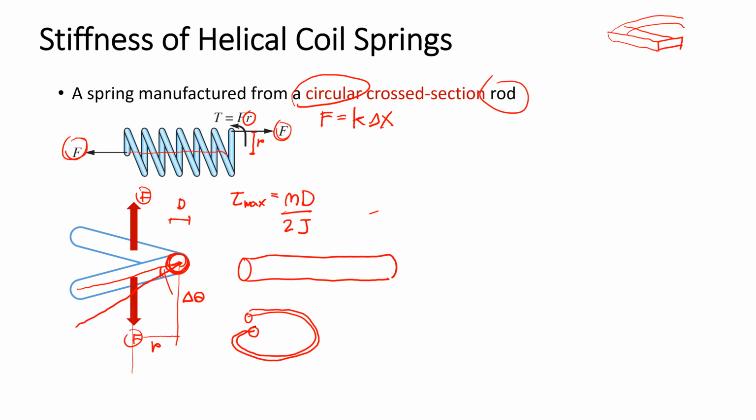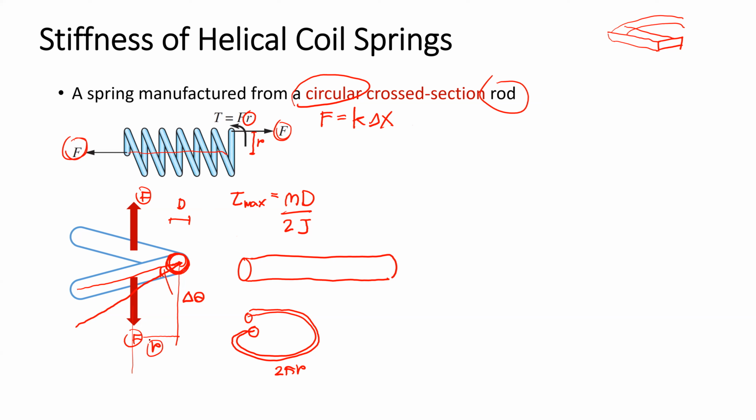For one revolution of coil, the length of the rod is going to be 2 pi r, where r is the radius of the coil.